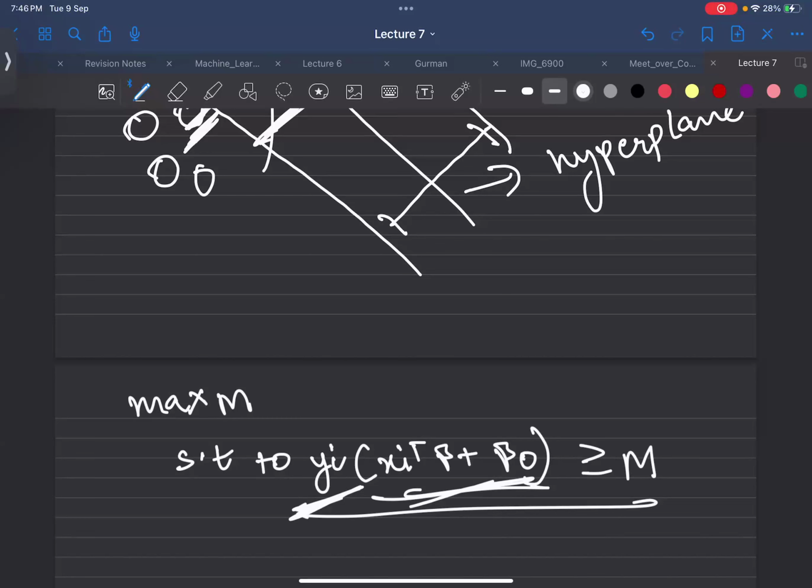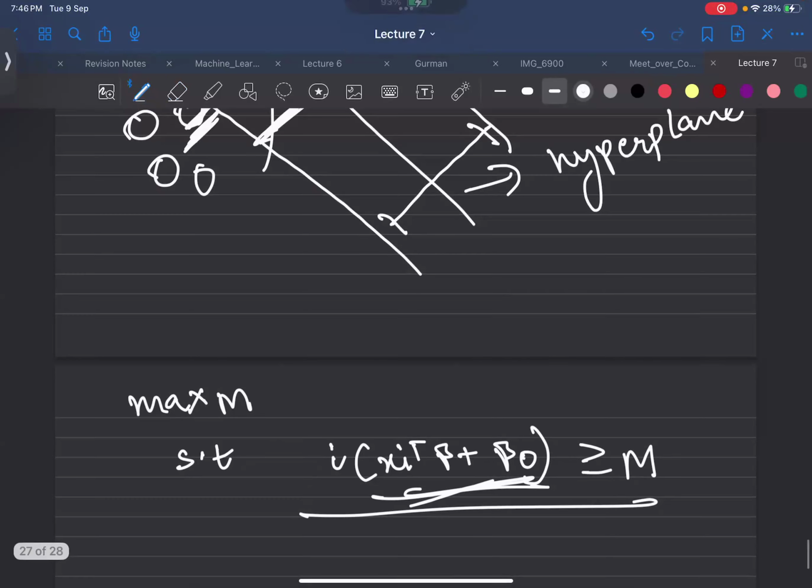Now why am I writing it's greater than or equal to m? Come on, let's try, why is it greater than or equal to m?